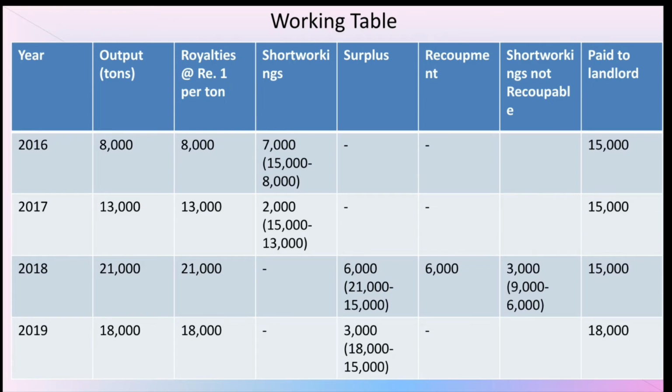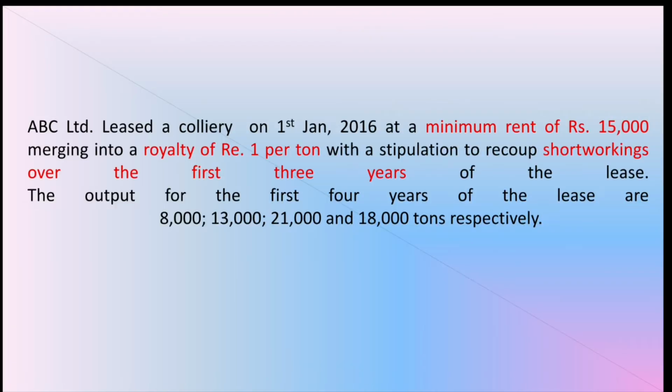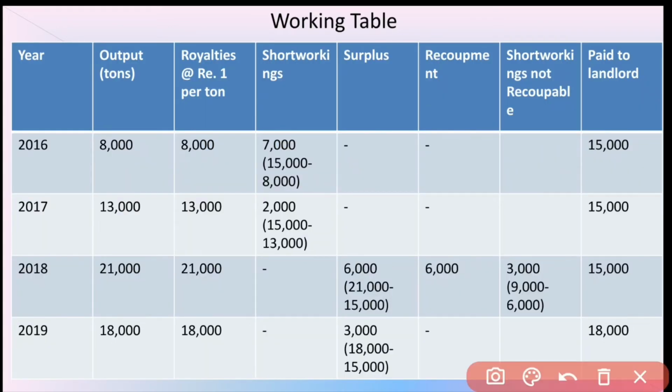So over here you can see my minimum rent is 15,000, right? So 15,000 is more than 8,000. Yes. So my short working in the initial year is 7,000. That means 15,000 minus 8,000. In the next year, what is my royalty? 13,000. So what do I do? 15,000 minus 13,000.